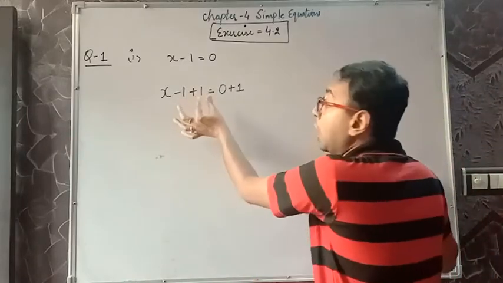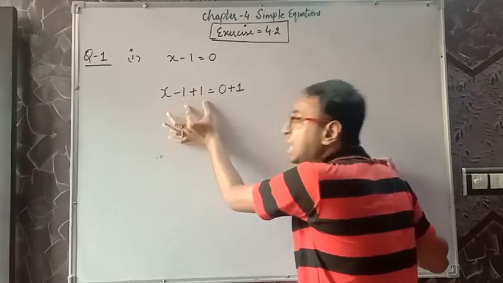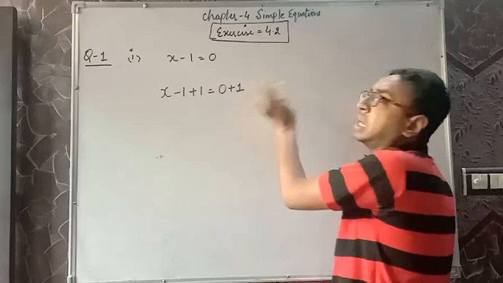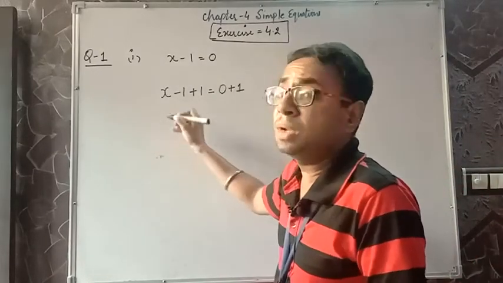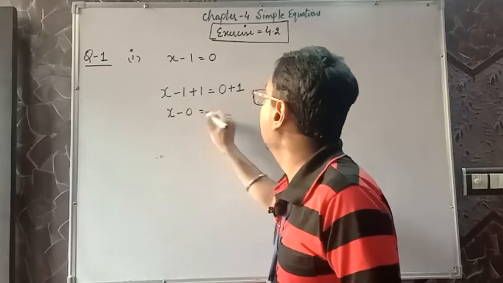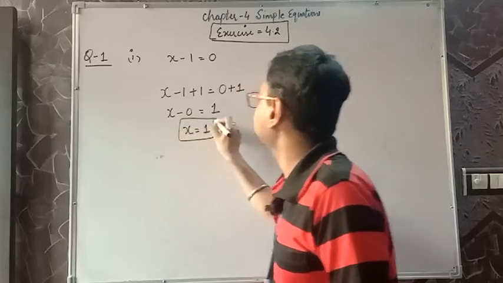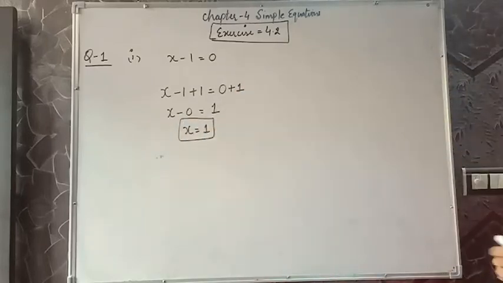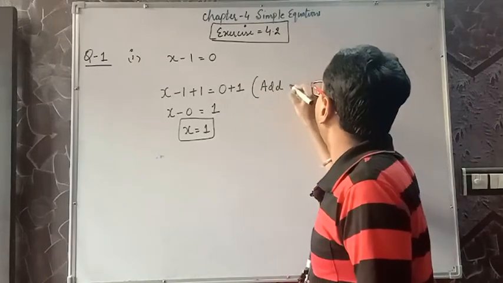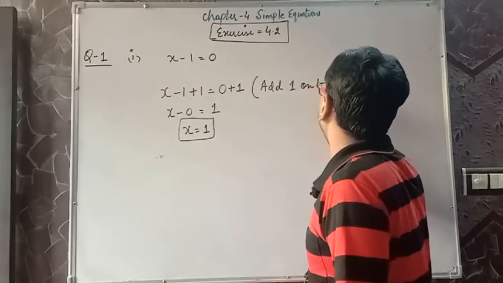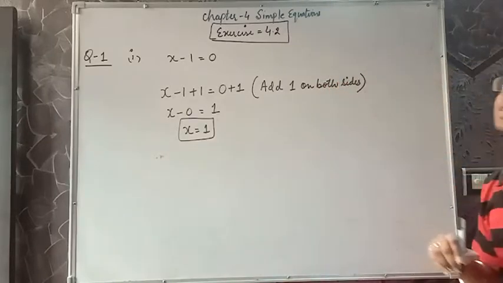If you add, subtract, multiply or divide any term on one side, you have to do the same on the other side also. Now minus 1 plus 1, x minus 0, x is equal to 1. Yes or no? So in the bracket you will write add 1 on both sides. This is the method we have used.